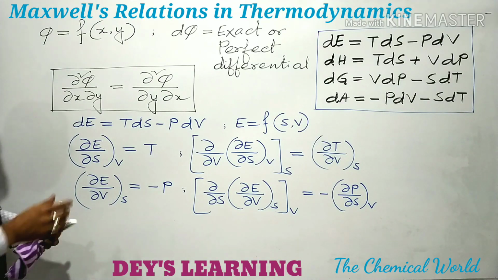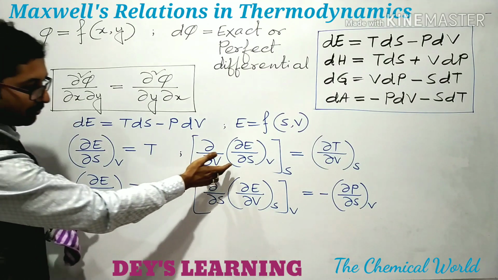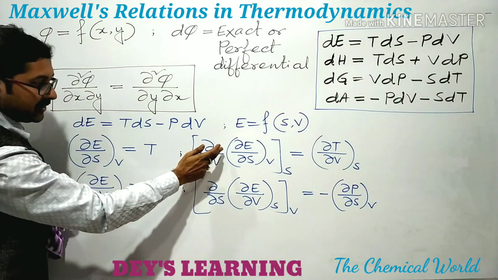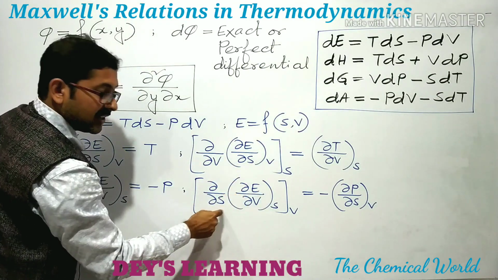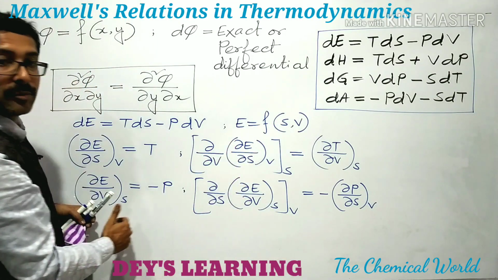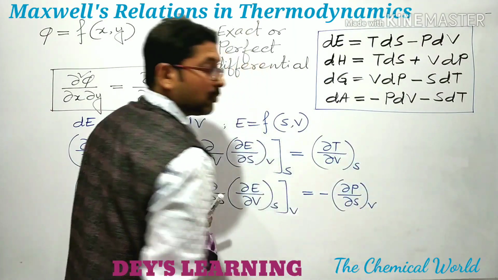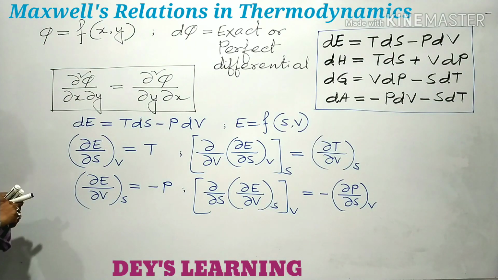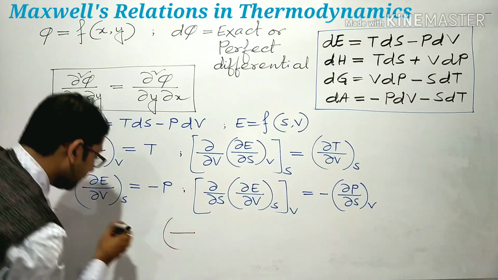So since E is a perfect differential, these two terms will be equal. This one is actually del square E del V del S, this one is actually del square E del S del V. So these two terms will be equal, and इसके कारण these two terms will be equal. So we'll have the first Maxwell relation.